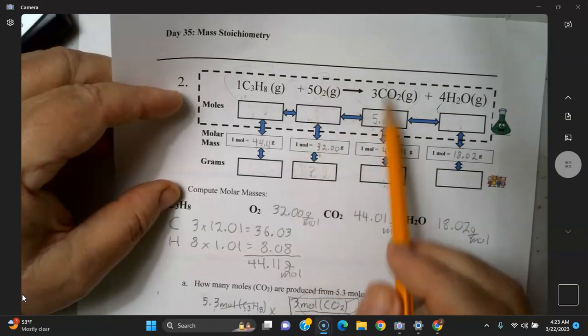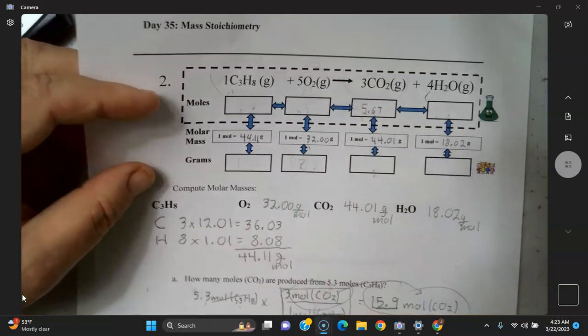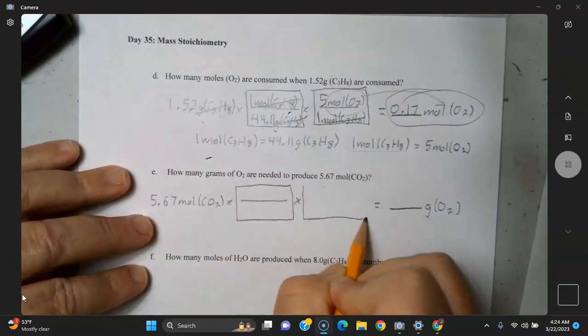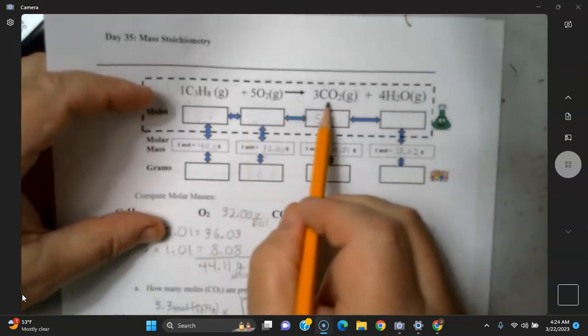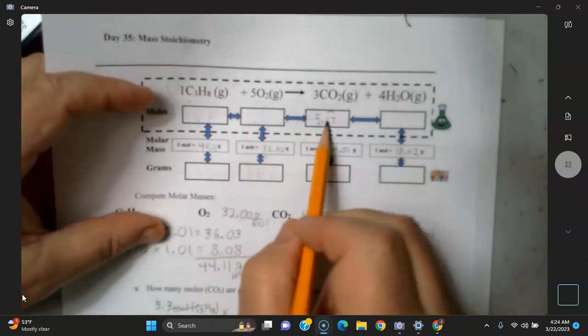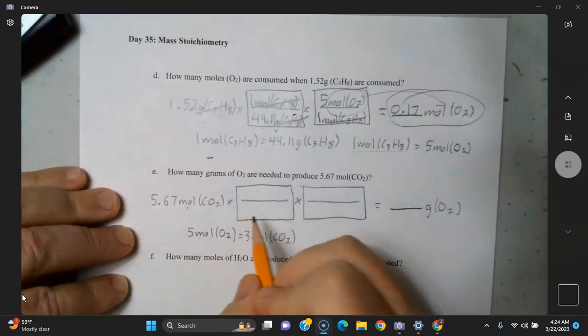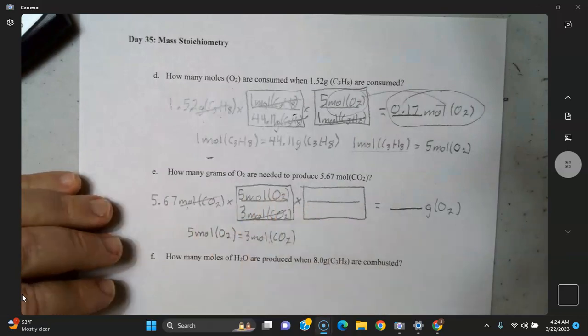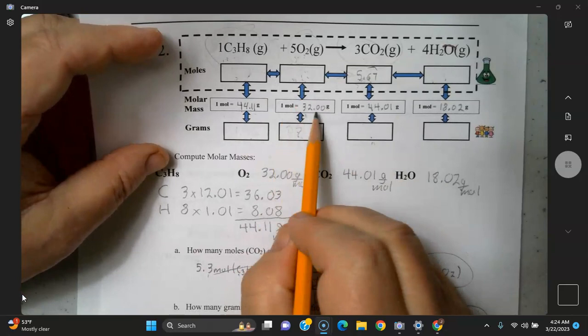So first equivalency is in the chemical equation. Second one going down is the molar mass for oxygen. Okay, so 5 moles O2 equals 3 moles of CO2, getting between these two. Moles of CO2 has to be on the bottom. Okay, now you're sitting in this box, you need to come down, use the molar mass of oxygen. 1 mole equals 32.